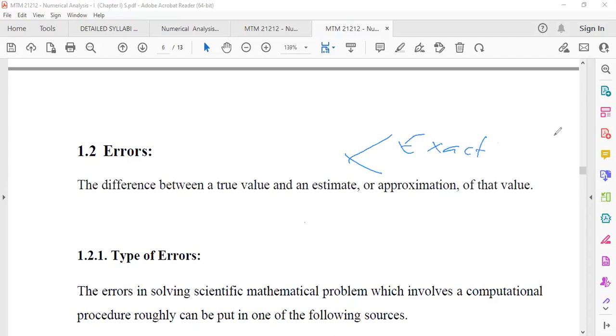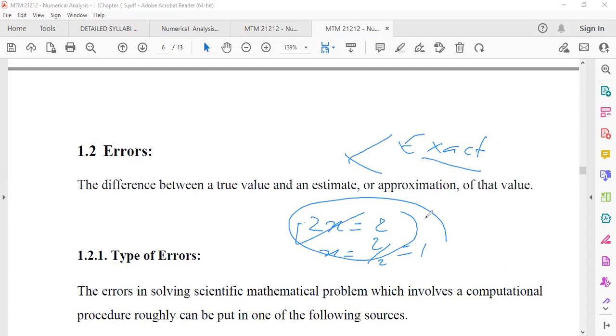For example, 2x equal to 2, then x equal to 2 by 2, which is equal to 1. Like this algebraic solution, we call it exact. Numerical results mean something we find point to point, approximating. Exact means we get from here to here directly, but numerical means point to point, we have to divide and find, as we can see in the later part.